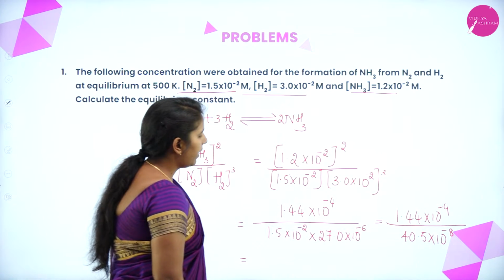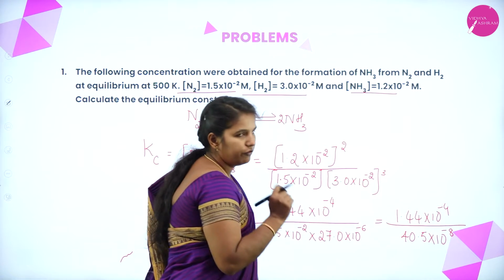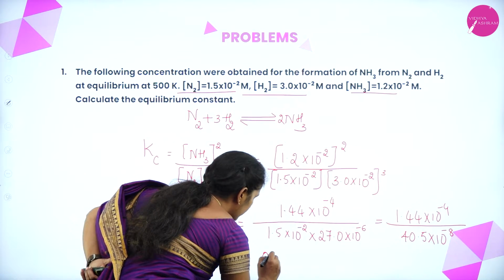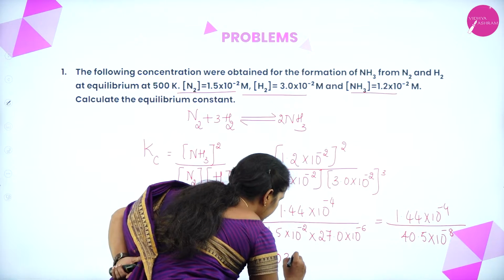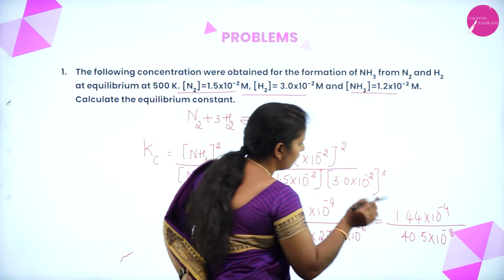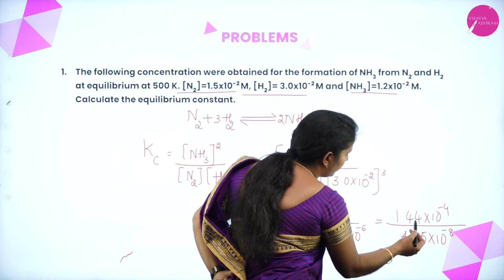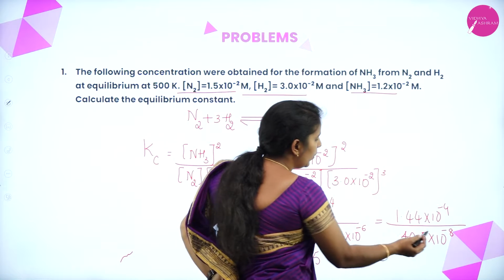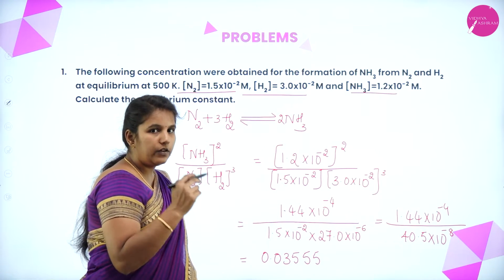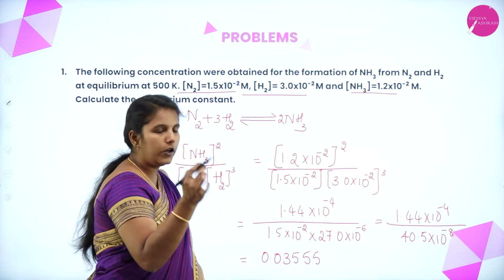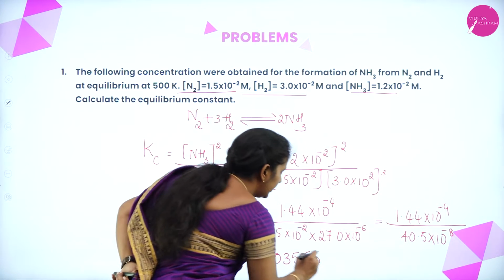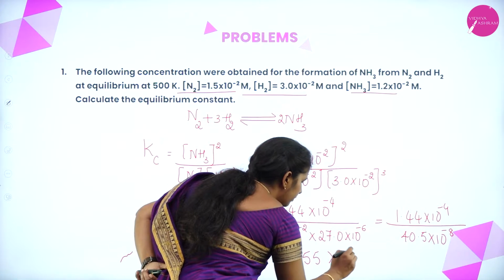Now, if you divide 1.44 divided by 40.5, you will get 0.0355. We will get it just by dividing 1.44 by 40.5. When the 10 to the power of minus 8 goes to the numerator, it will become plus 8. So minus 4 plus 8 will become 10 to the power of 4.